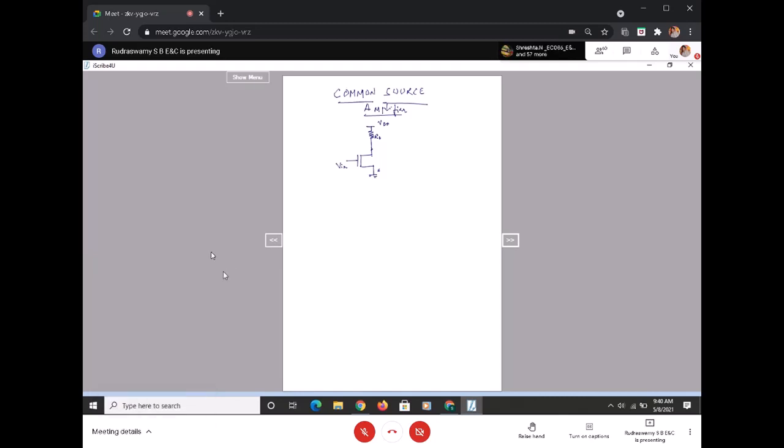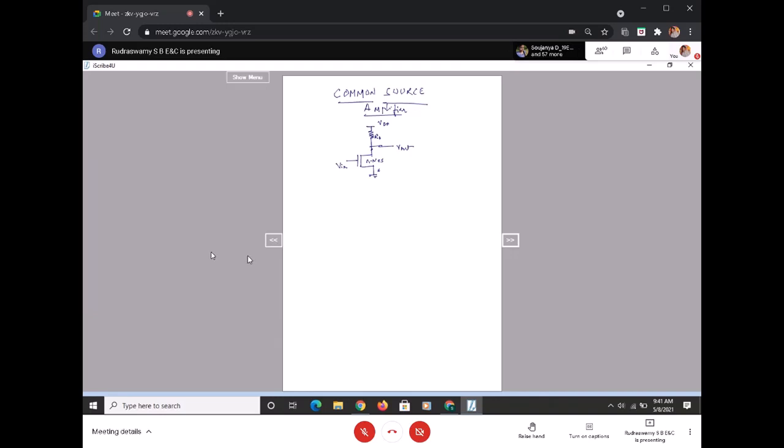This is where exactly we take the output. This is what we really have now, and this I call as an NMOS.